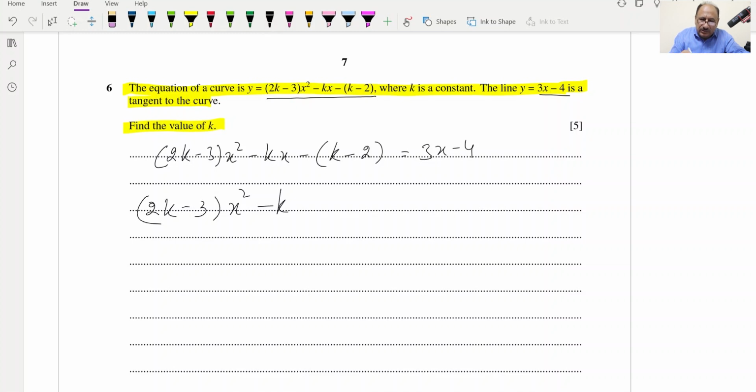We can move 3x to this side, so it will be plus 3 inside the brackets, and x will be common, and minus k and plus 2 and plus 4 equal to 0.